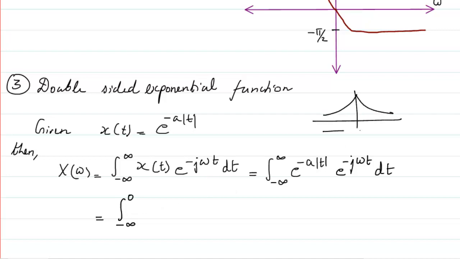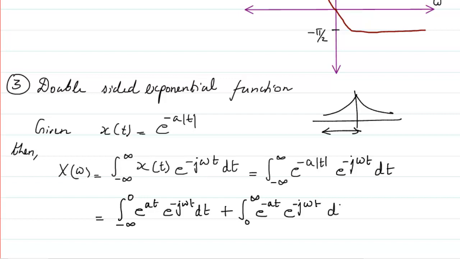From minus infinity to 0, it is a rising function, so I will write e raised to power a t and the remaining e raised to power minus j omega t dt, and then from 0 to infinity it's a decaying function, again e raised to power minus a t e raised to power minus j omega t dt.